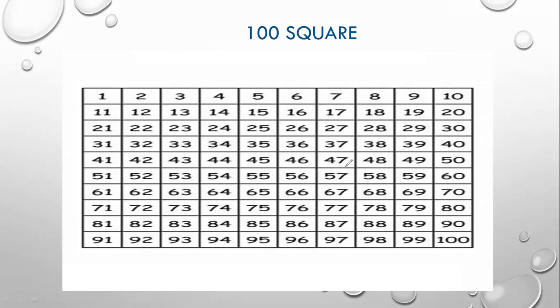So here are the multiples of 10, the decades: 10, 20, 30, 40, 50, 60, 70, 80, 90, and 100. These are the multiples of tens.